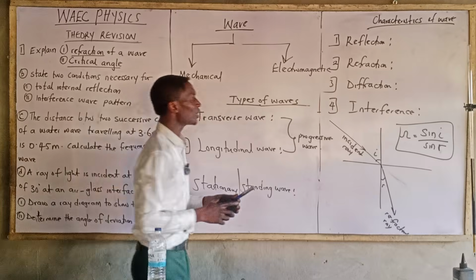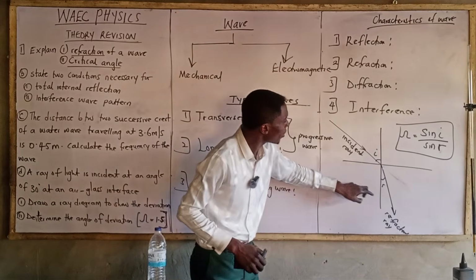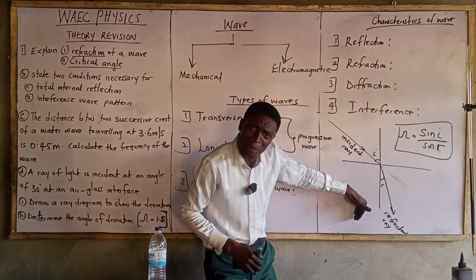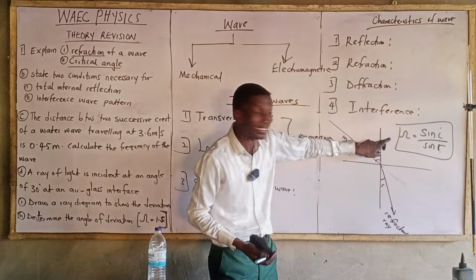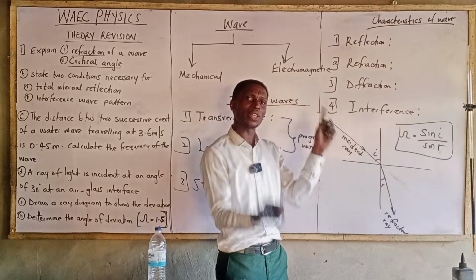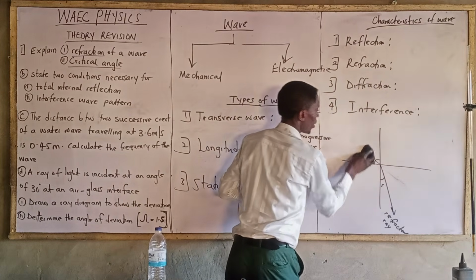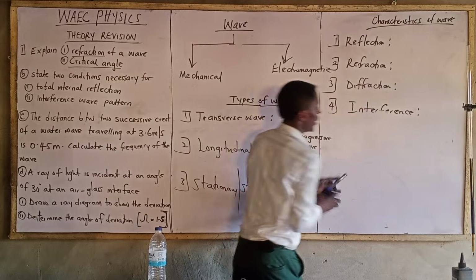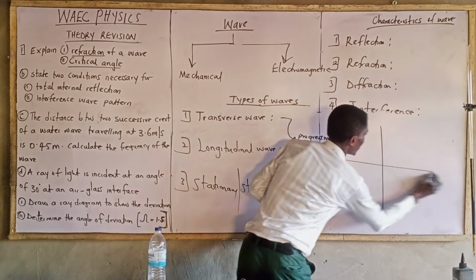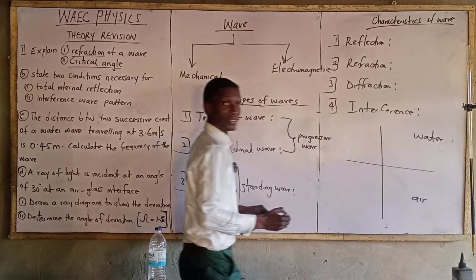What do we mean by critical angle? Now I will explain from here as well. Notice that this one refracts towards the normal. Why? Because it's moving from less dense air to a dense water. Now let me do it the other way around, from a dense medium to a less dense.